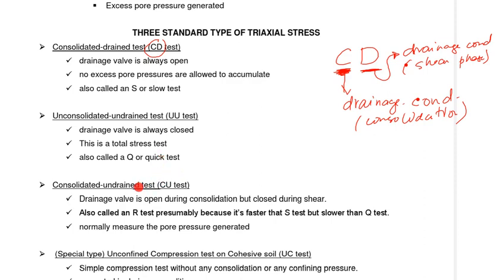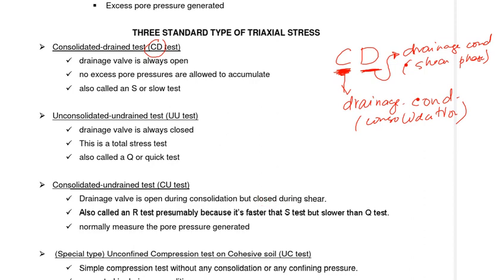And meron din tayong consolidated undrained test, yung CU test. So in this test, yung drainage valve natin is open during consolidation and closed during shear. So naka-open yung drainage valve natin during our consolidation phase and naka-close during yung shear phase natin.